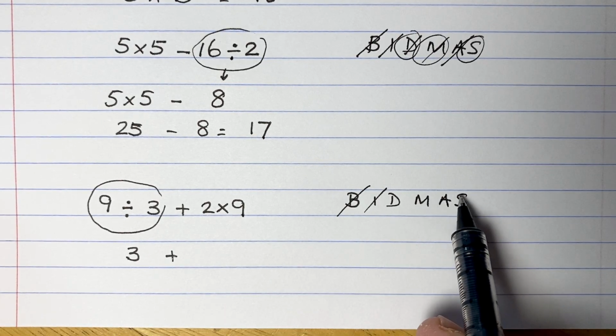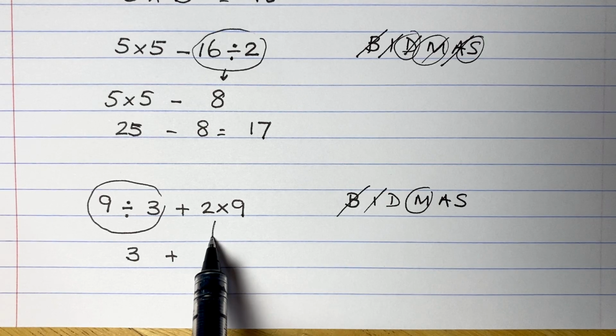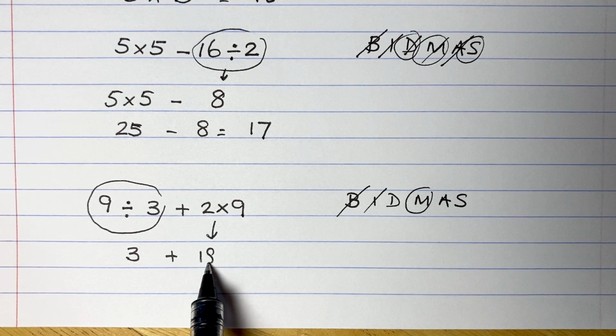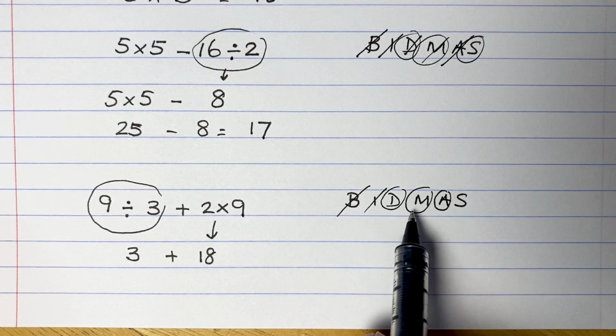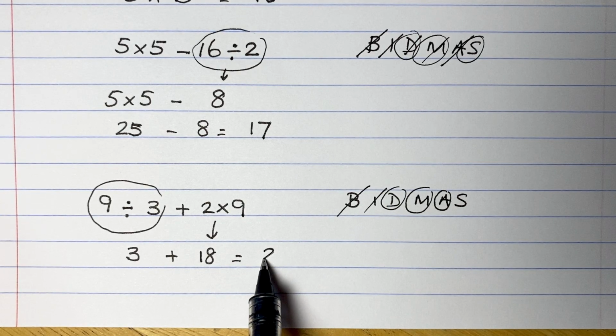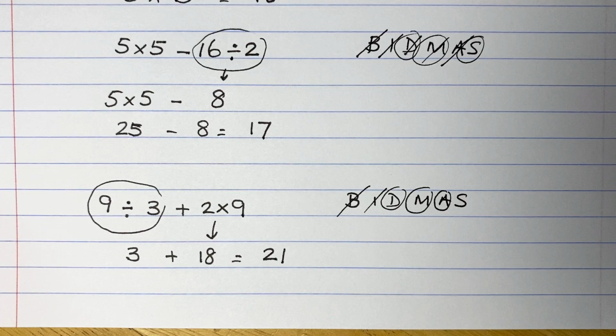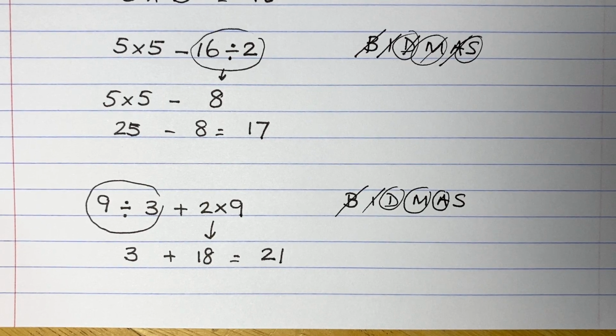And then we do the multiplication. Then we do the addition. So we've done division, multiplication, now the addition, which is 21. We need to really practice these BIDMAS questions a lot so we get less confused.